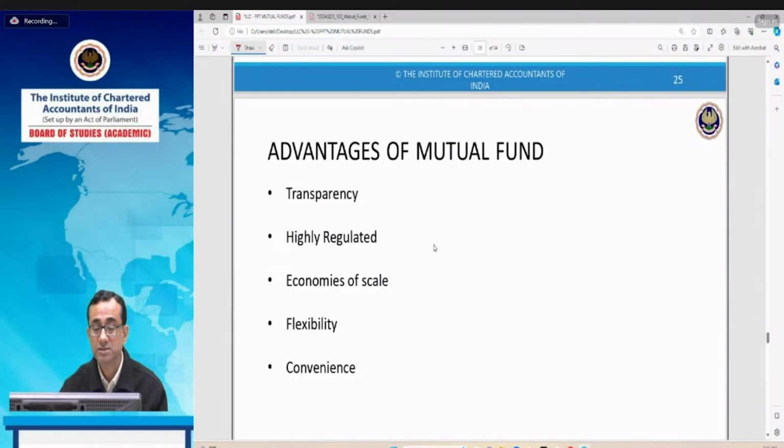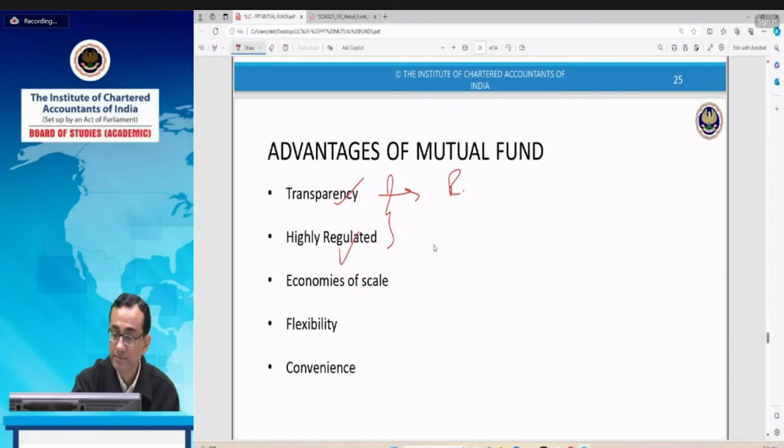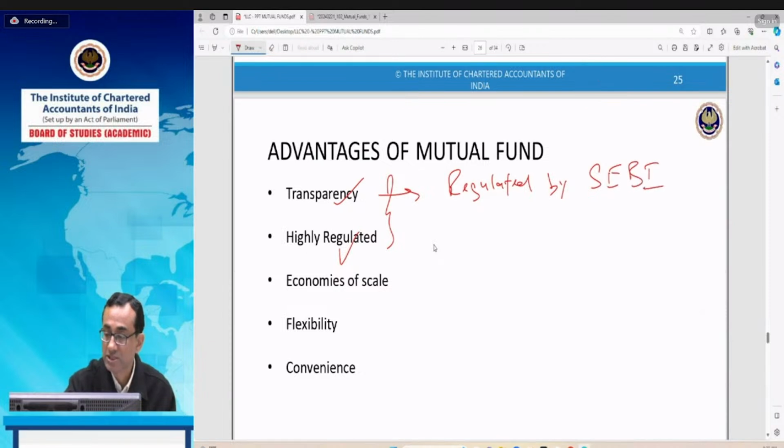Another advantage is transparency. Transparency and highly regulated, so these two are basically interrelated. Mutual fund is regulated by SEBI, which is the market regulator, Securities Exchange Board of India.